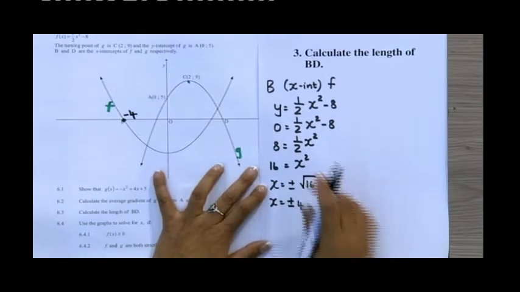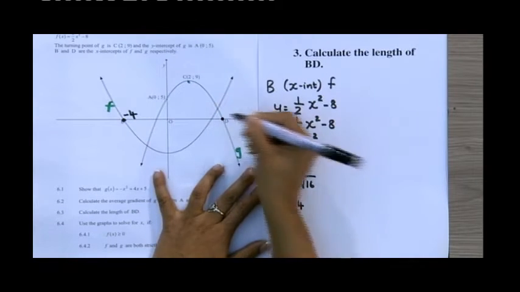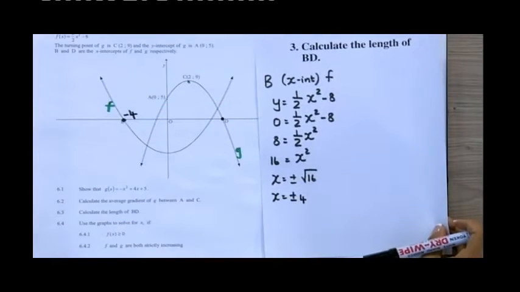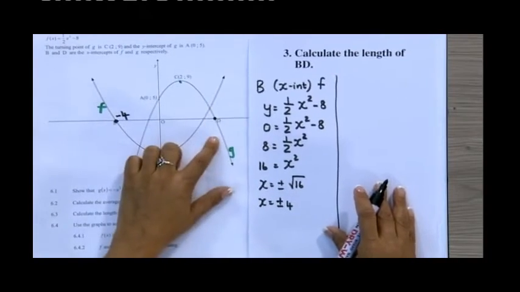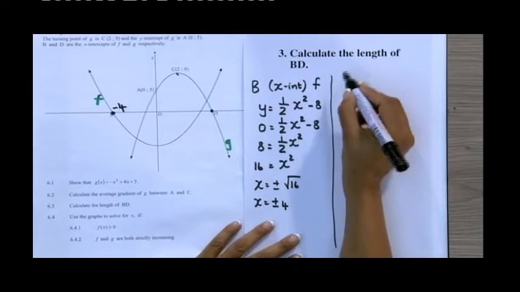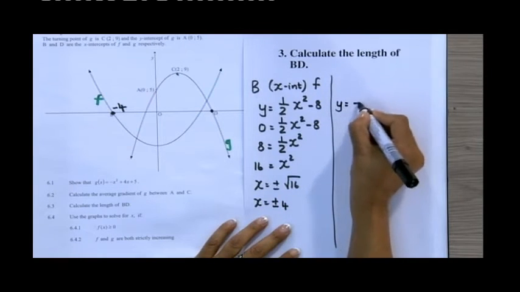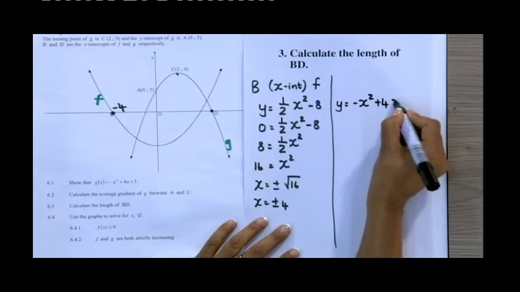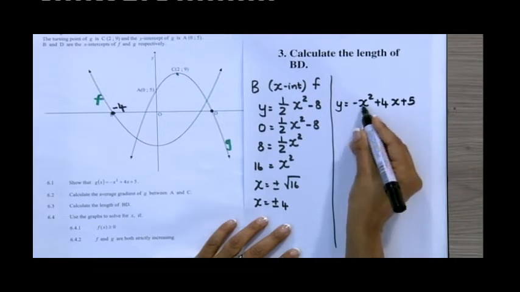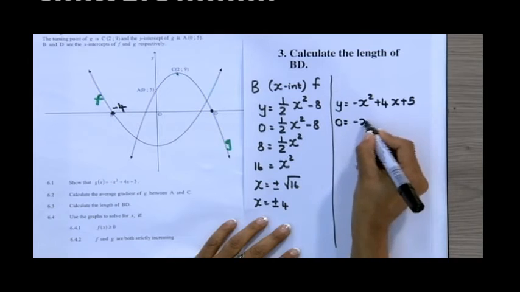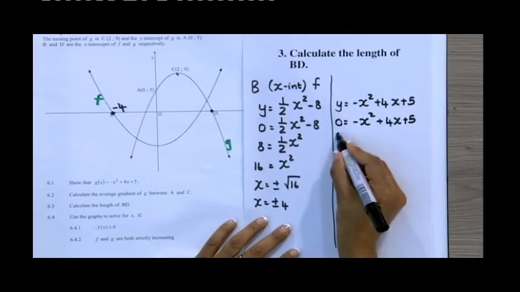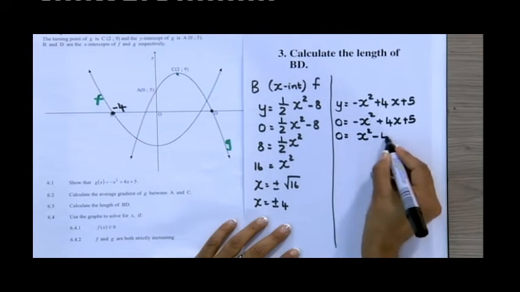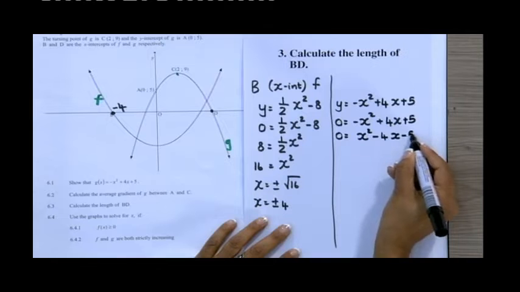So what is this point here? Minus 4. Now you want to get the coordinate of D. Can you see that D is also an x-intercept? So you are again going to use the equation of g, which we worked out: y equals minus x squared plus 4x plus 5. I want to find the x-intercept, so I make y naught. Multiply straight through by a negative: x squared minus 4x minus 5.